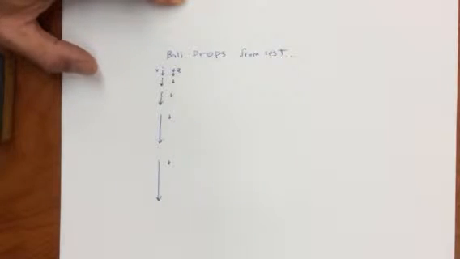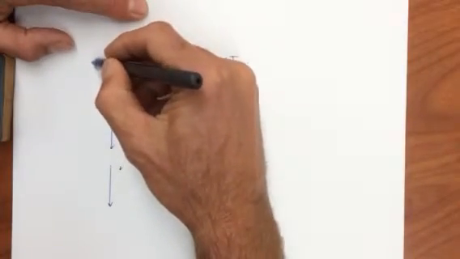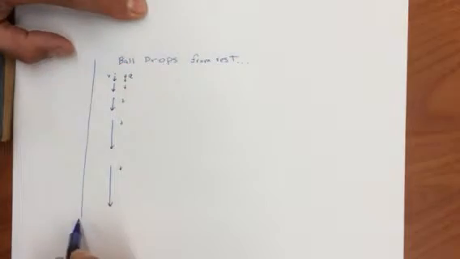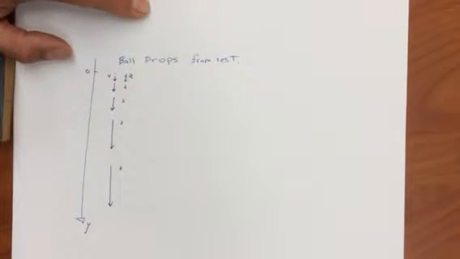Okay? And I should put maybe a coordinate axis on here. Now, since we're going to be dealing with one-dimensional motion, I'll call this y. And I'll have my object start from 0 position, just to make that simple.